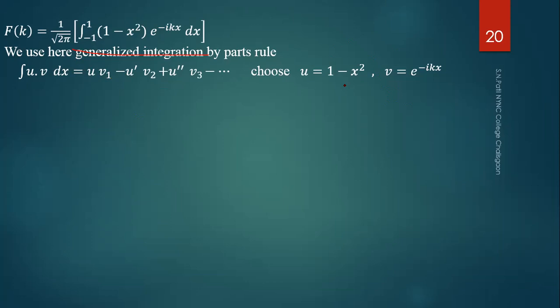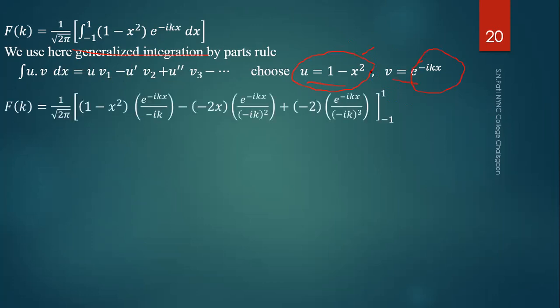Selection is very important. We select u as the vanishing term. The derivative of 1 - x² vanishes after the second derivative, the third derivative is 0. The exponential function never vanishes, so we choose it for integration, that is v.